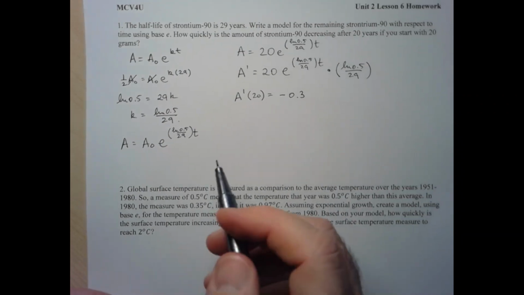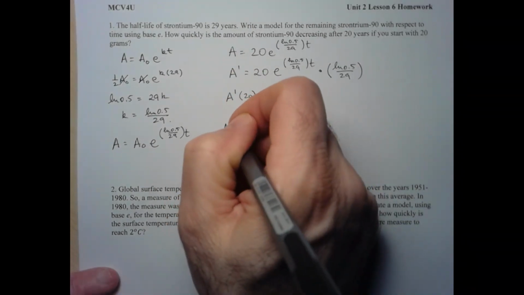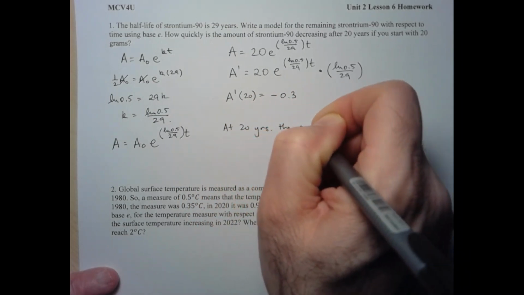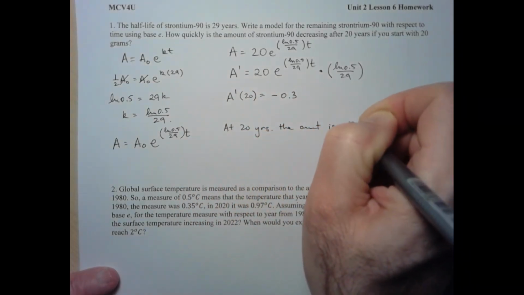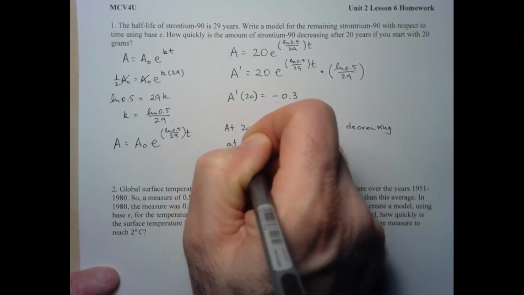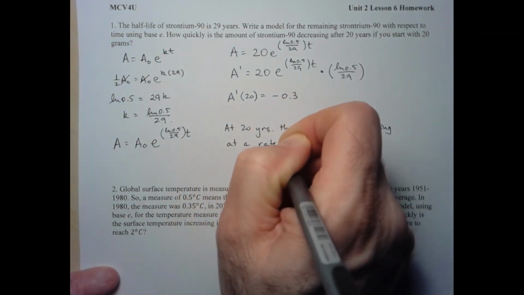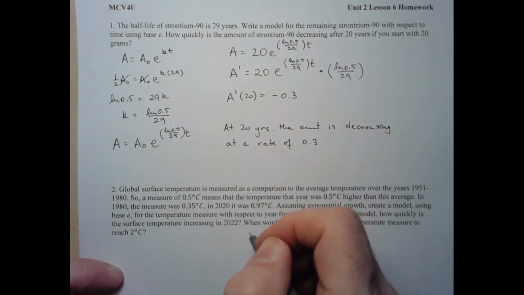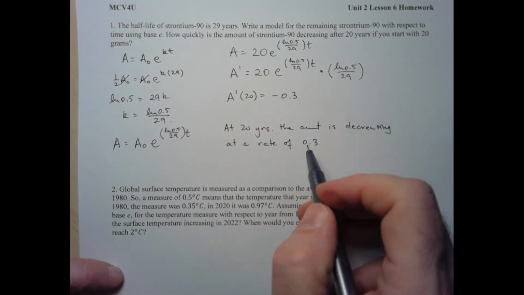So now essentially what this is saying is at 20 years, okay, the amount is decreasing at a rate of 0.3. Okay, and let's figure out what this is representing.